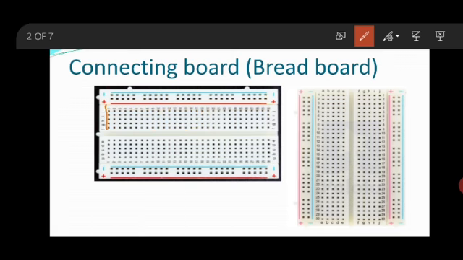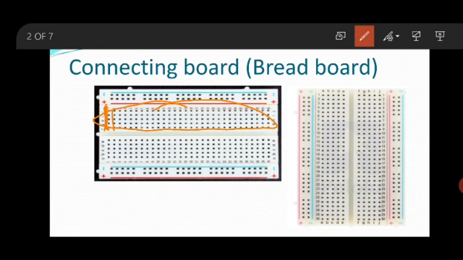These lines are connected, which means the same connection is available along this line. It is a column line. The second column has a different connectivity. There is no connectivity between the first column and the second column here. The third column is nowhere connected to the first or second. So likewise, when I consider these points here, the connectivity is column-wise.